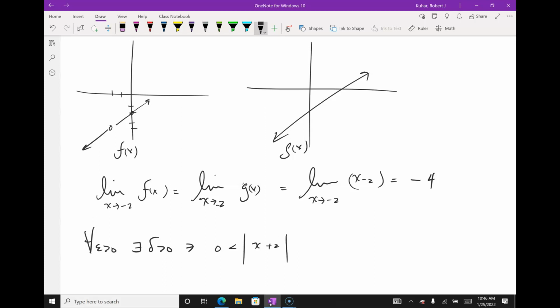That's x minus a negative 2, x minus c, right? Implies that f of x minus a negative 4, right, is less than epsilon.